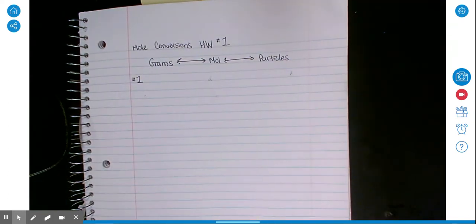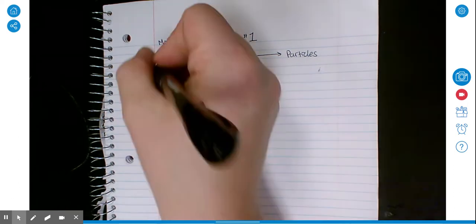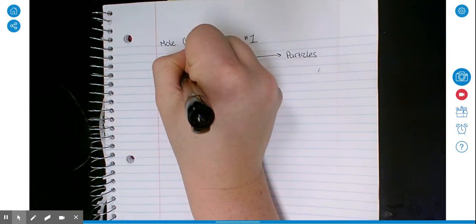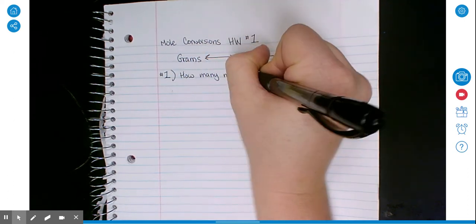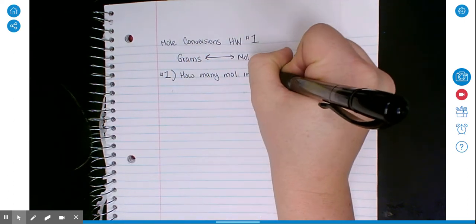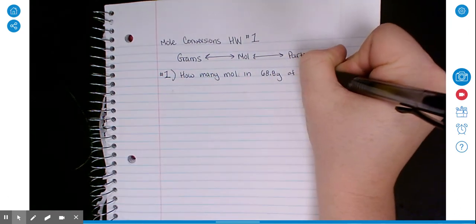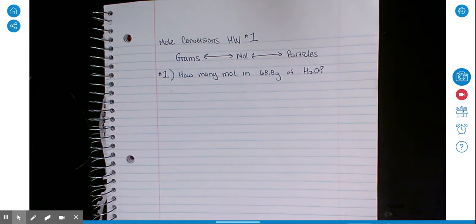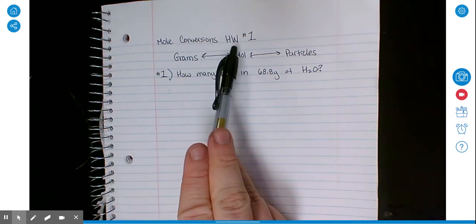Example 1, you are asked how many moles are in 68.8 grams of water. Okay, so I am starting at grams. I am going to moles.